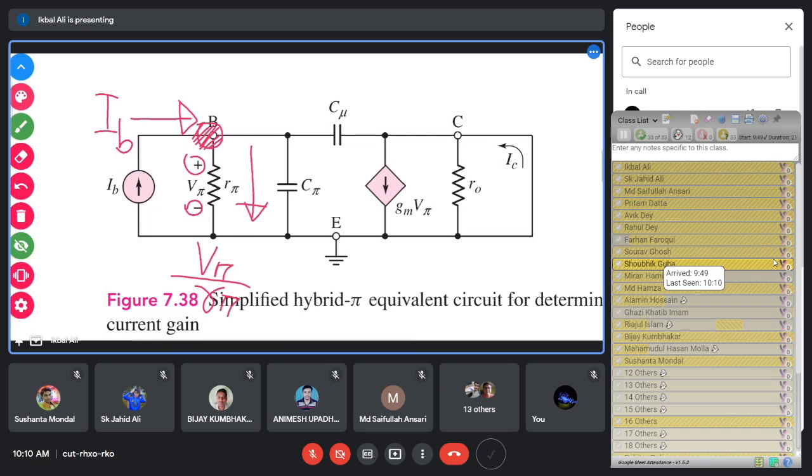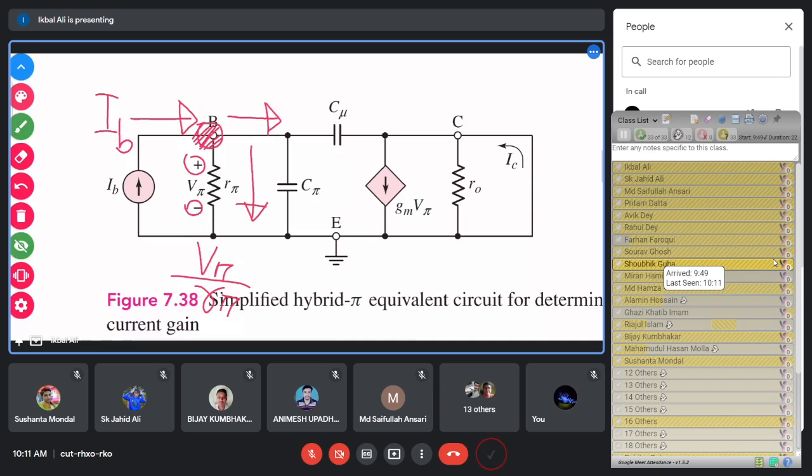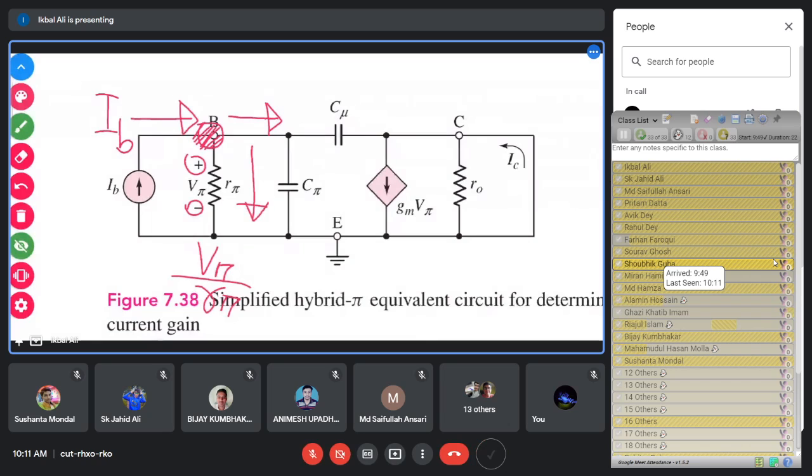Suppose there is another branch, and the current is flowing in this direction. Then you have to calculate this current. Can anybody say what will be that current?